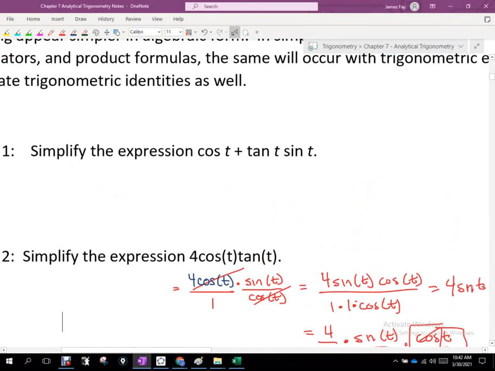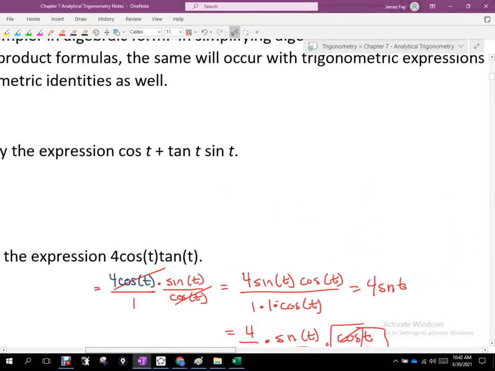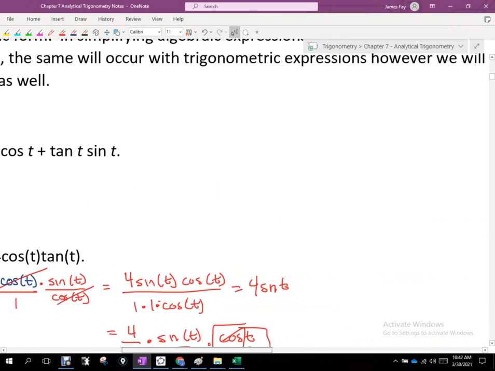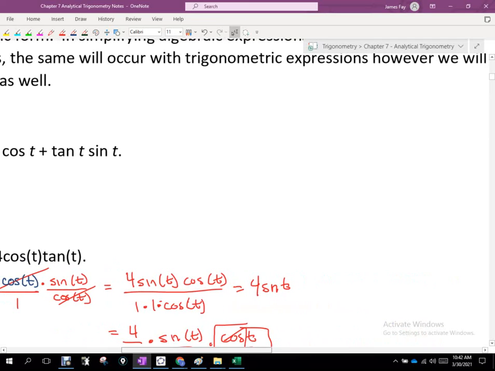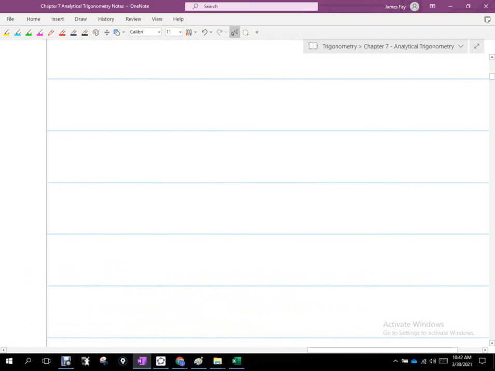All right, so the next one, I'm going to go to the side. I don't think I gave myself enough room to really show the progression of cosine t plus tangent t times sine t. Okay. As you do these, and some of these you make one substitution, you're done. Some you make 2, some you make 3, some you make 15.